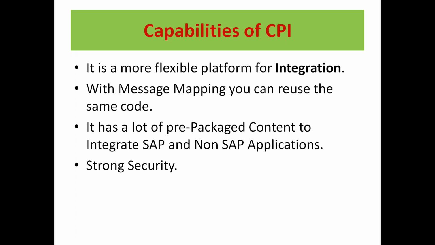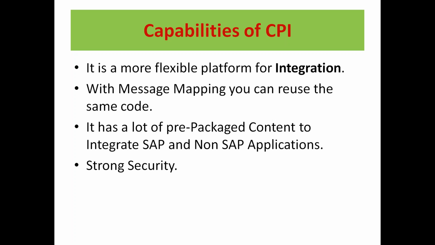We can also make use of value mappings. Value mappings are the mappings between source values and target values. Suppose in your source system the legacy system maintains employee statuses as 1, 2, 3, and the target system expects 1 for active, 2 for transfer, 3 for termination.